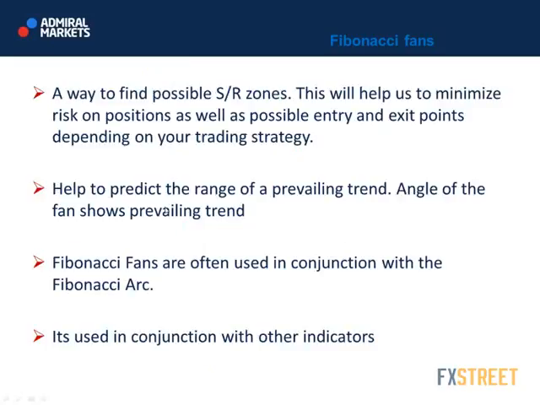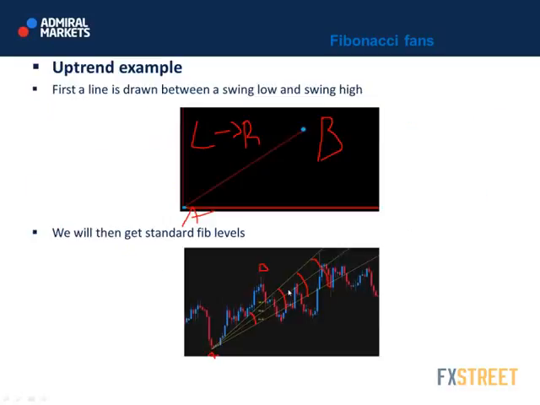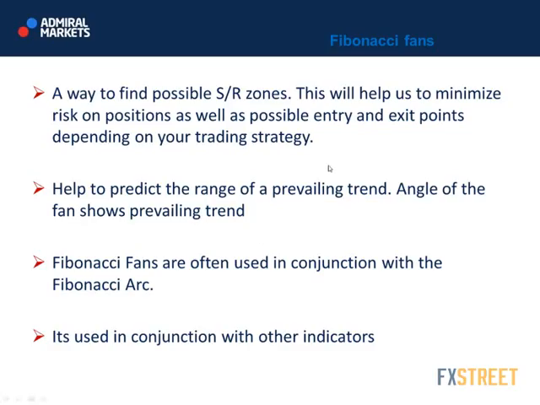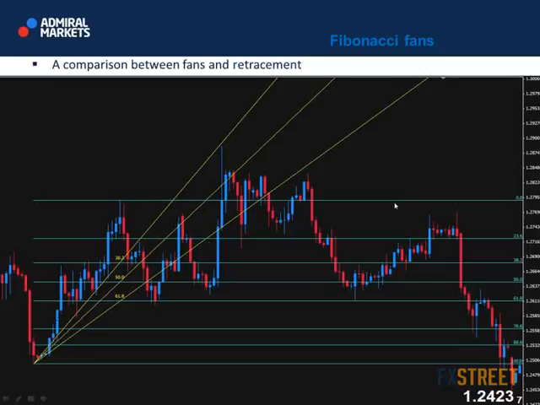Okay, so it will give you the possibility to predict the range of a prevailing trend. This is the range in between these three lines, which are most important for Fibonacci fan. And also that will give you the angle.